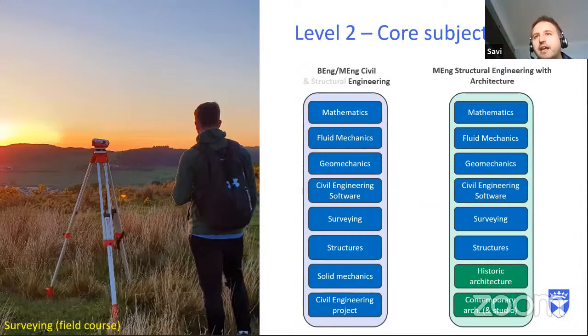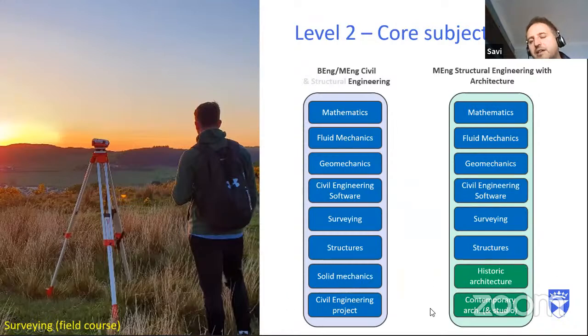So of course there is again a difference between the two programs. In civil engineering, you will take up a civil engineering project, which is really civilly focused, and a solid mechanics module in common with the mechanical engineering and biomedical engineering students. So that's something that you do together with other students.